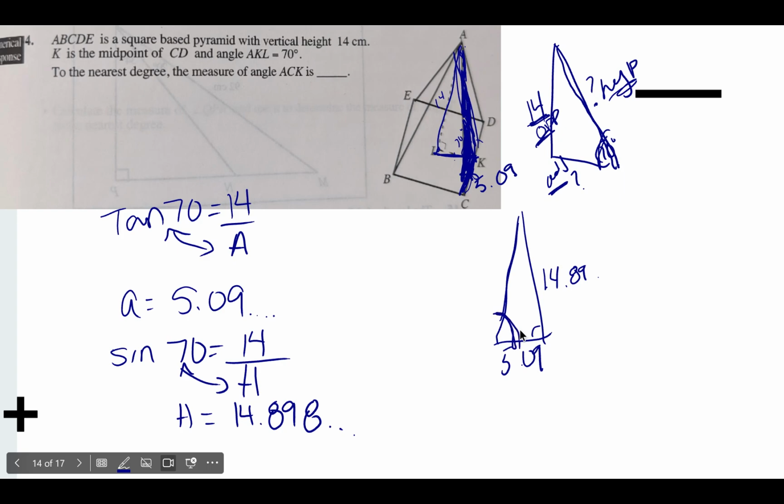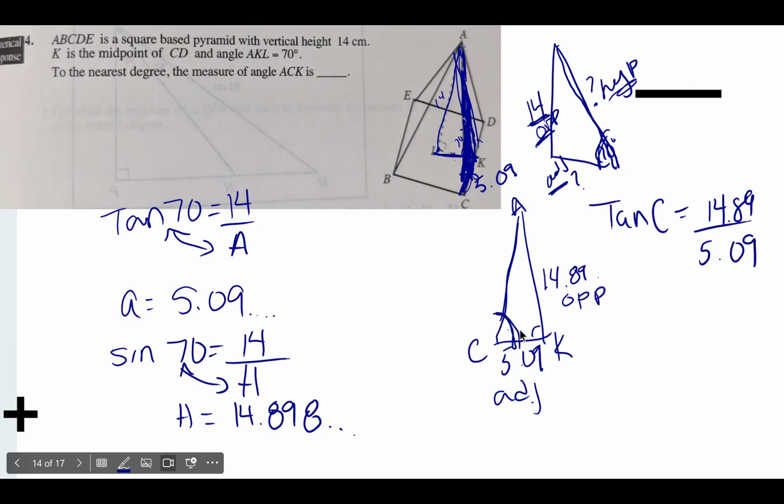And we're going to solve for this angle at C because this is the triangle CAK. So angle C, labeling your sides, we have opposite and we have adjacent. So now we can do the tan ratio: tan of your angle C equals the opposite side divided by your adjacent side. We'll plug that all in, and when we're done, we should see our answer is 71 degrees.